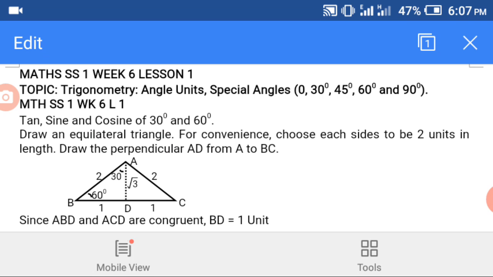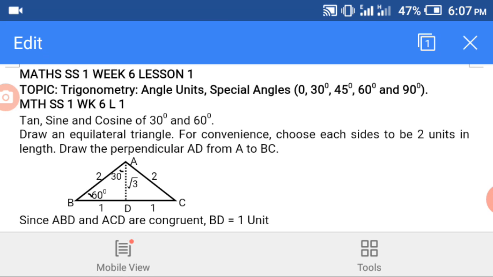As we all know, an equilateral triangle is a triangle in which all the sides are equal. Also, all the angles are equal. That is, each angle of the equilateral triangle is 60 degrees.